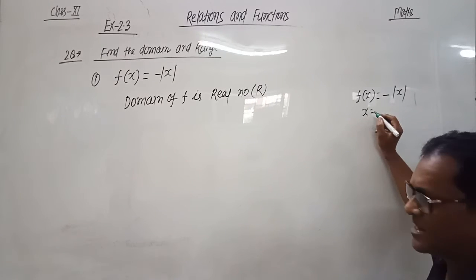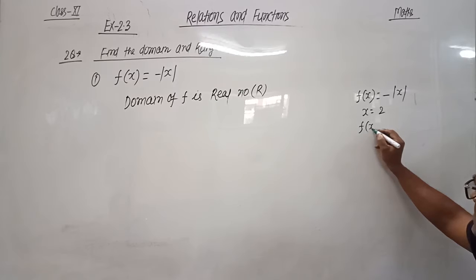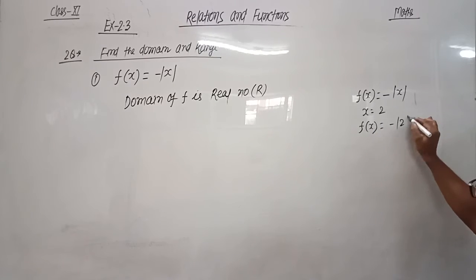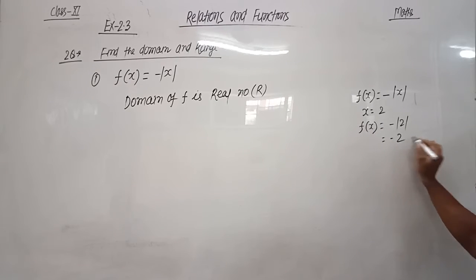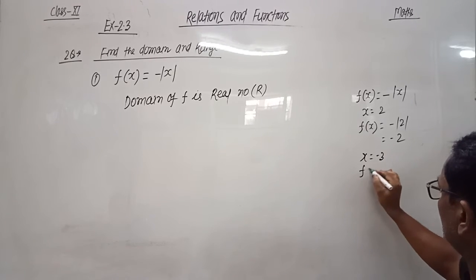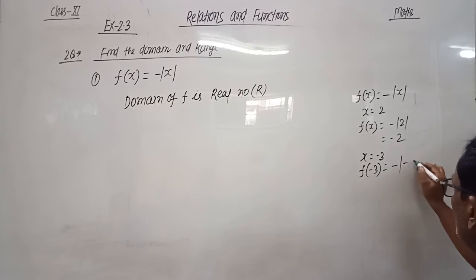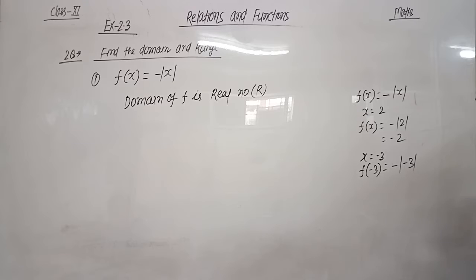Let us take x as the positive real number 2. Then f(x) equals minus of mod 2, and it becomes minus 2. When we take the negative real number, x equals minus 3, then f of minus 3 equals minus mod of minus 3. So minus 3 becomes plus 3, and outside there is minus, so it always comes negative.